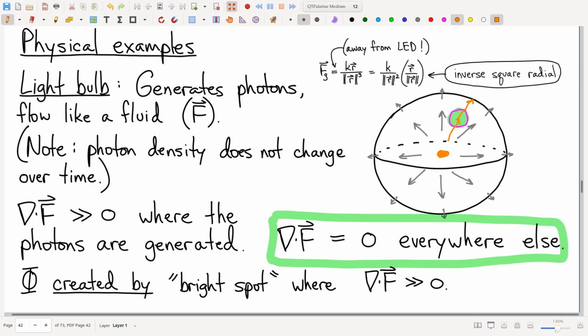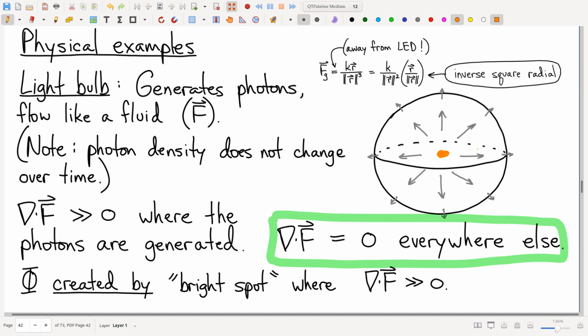But if it applies pretty much everywhere, if the flux is always zero, then the flux density is zero. That means that divergence is zero. And that means that I don't need to do this calculation here at all. Does that make sense to everybody? Y'all good? So, nice argument, really valuable argument. Now, I claim divergence is zero away from the LED.